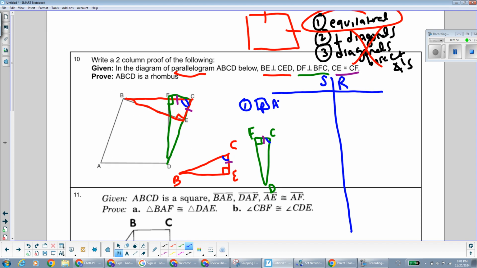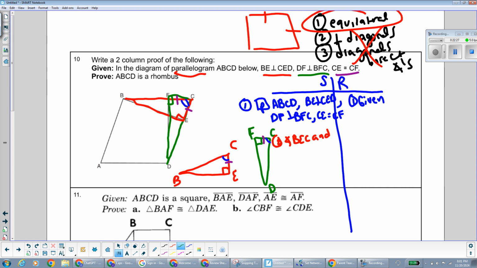Write all your givens. Okay. Let's start with the right angles. I'm going to start with this one. Angle BEC. And now the other one.